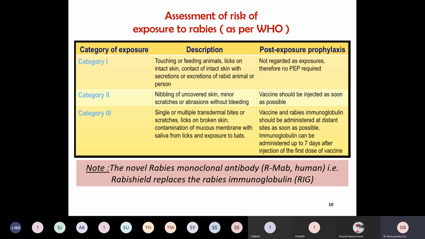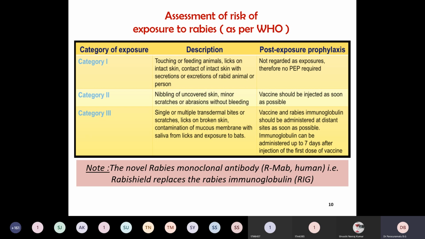Now, the local treatment of animal bite wounds. What we have to do is the wound should be toileted, or washed thoroughly, with soap or detergents, and flushing the wound with running water.